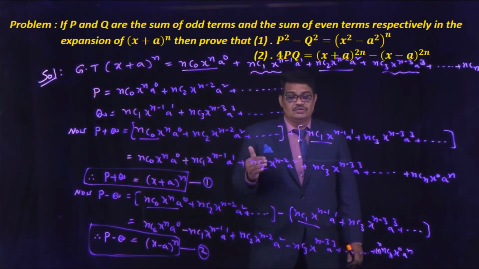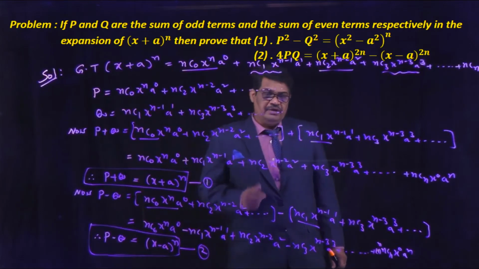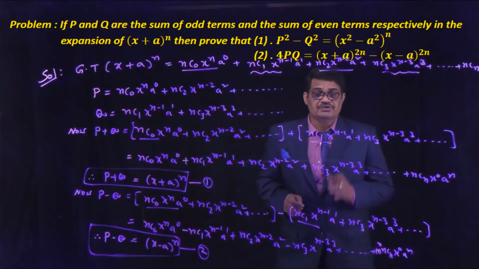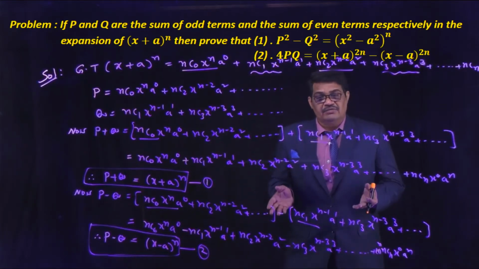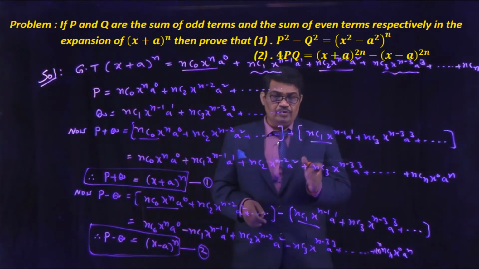Now we are proving our given results. The first one is P square minus Q square, and the second one is the value of 4PQ.